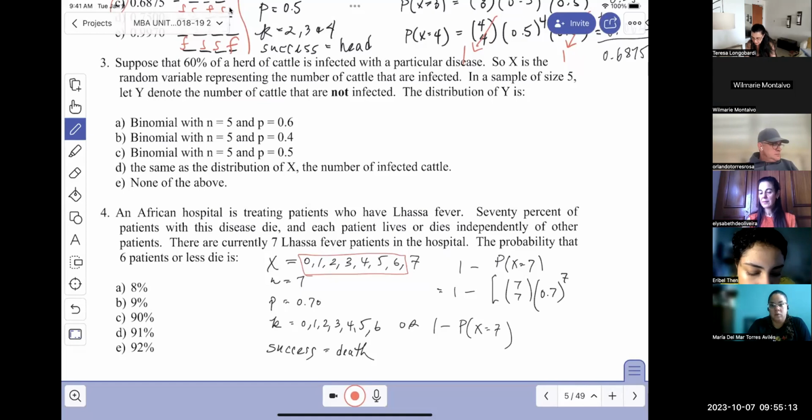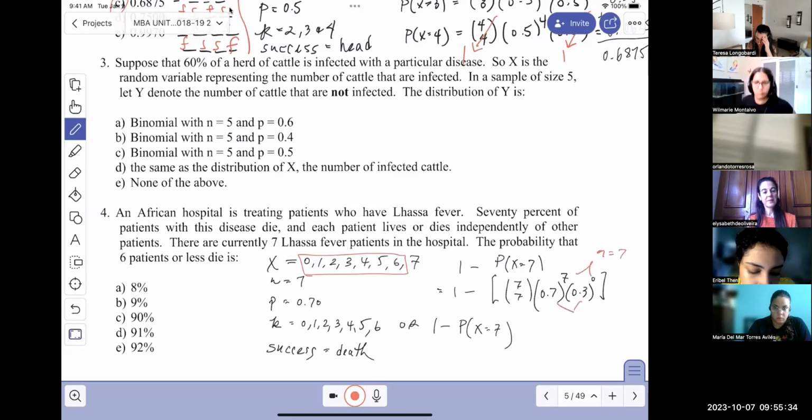And I want to see 7, well, I don't want to, but that's what I'm measuring, that all 7 die. If they don't die, the probability is 30% that they don't die, but I'm interested in 7 dying, so that's a 0. So these ones make 7, and these 2 make 1. Because the first one is P and the other one is 1 minus P. That makes 1.